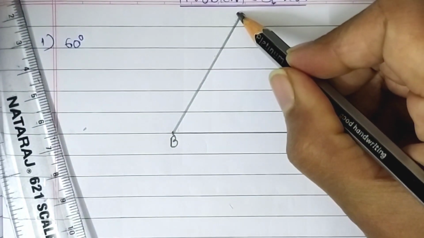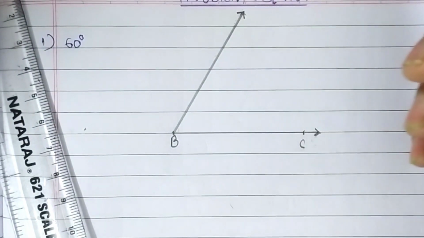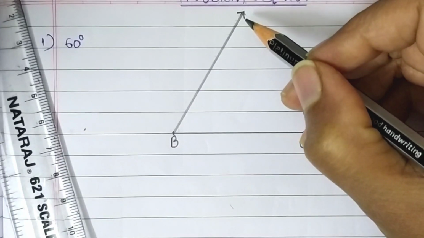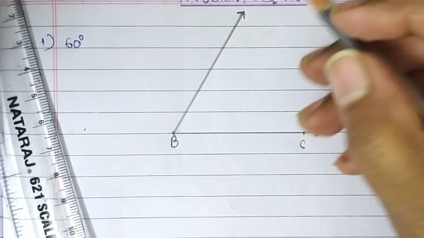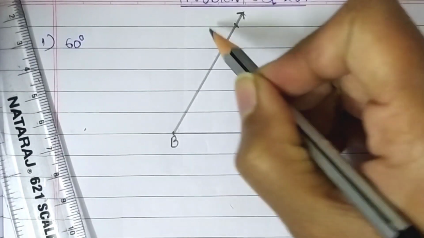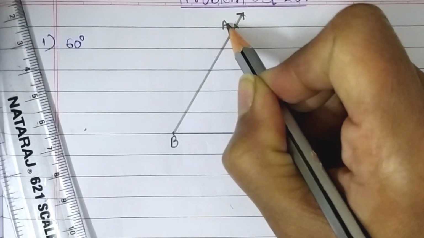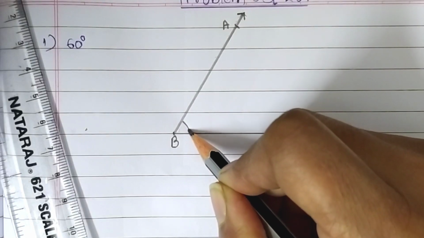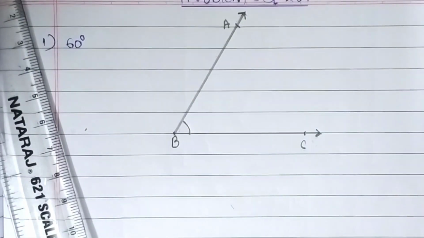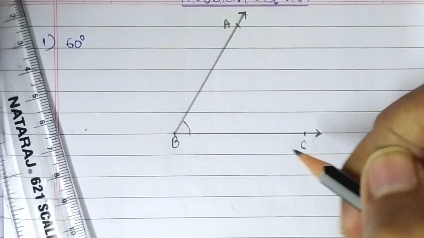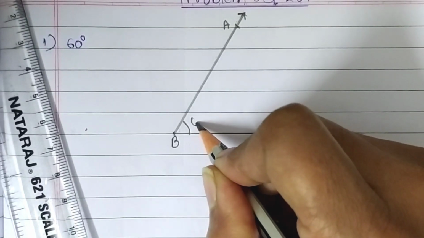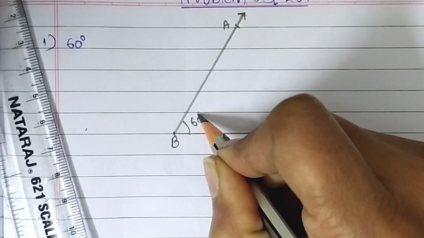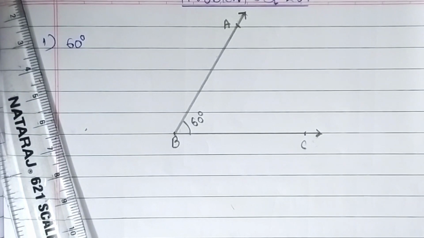Our angle is complete now. Let's make an arrow here and give a name to it, A. Make an angle sign in the interior part of our angle and write the measure here, 60 degree.